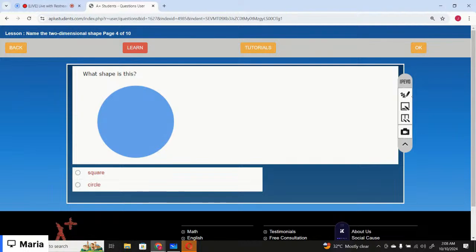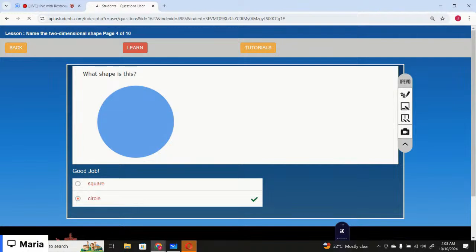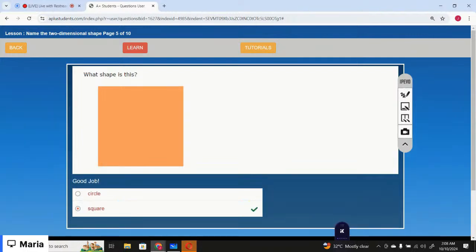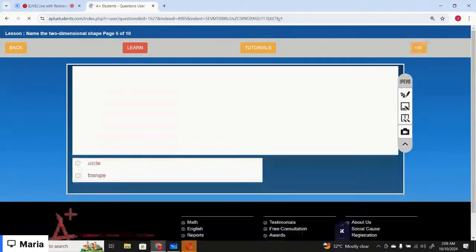Yes, circle it is. The correct option is circle. Okay, the next one is what shape is this? Which is the correct option? Yes, square it is. The correct option is square. Okay, what shape is this? Which is the correct option?